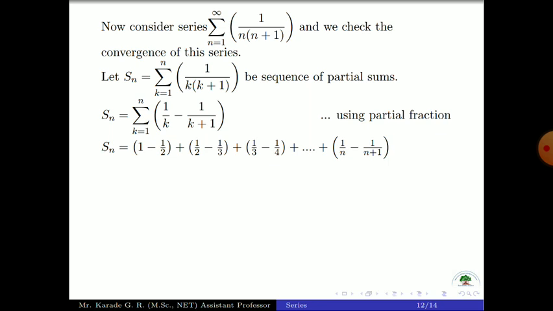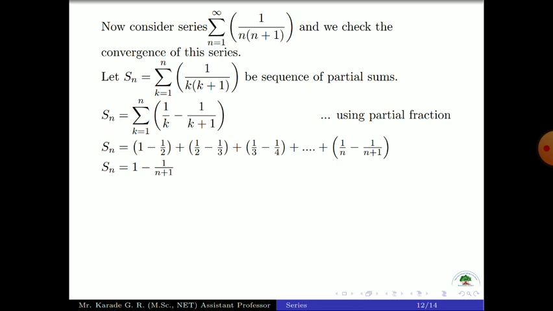Again, minus 1 by 3 from the second bracket will get cancelled with plus 1 by 3 in the third bracket. In this way almost all terms will get cancelled, and what is left is 1 minus 1 upon n plus 1. These two terms will be left.